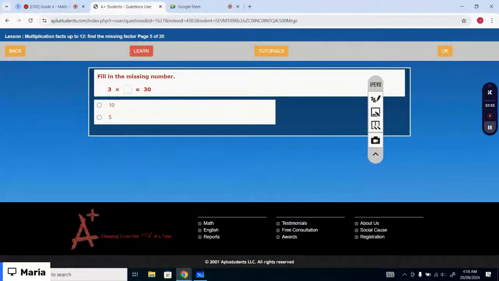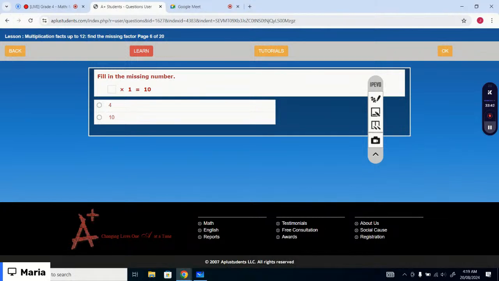Fill in the missing number. 3 times what number is 30, which is the correct option? The correct option is 3 times 10 is 30. The correct option is 10.